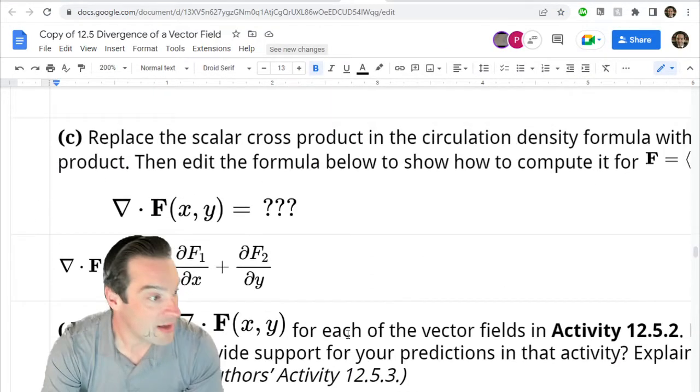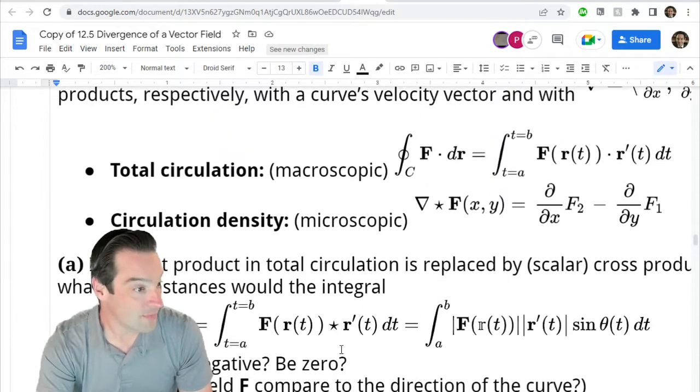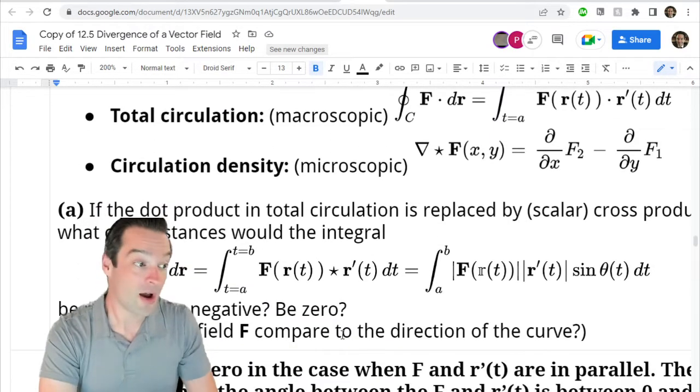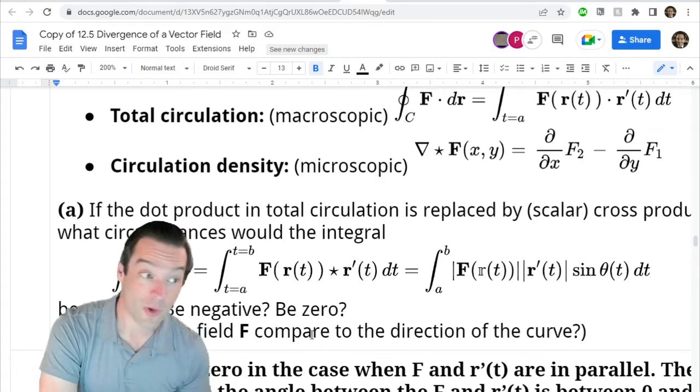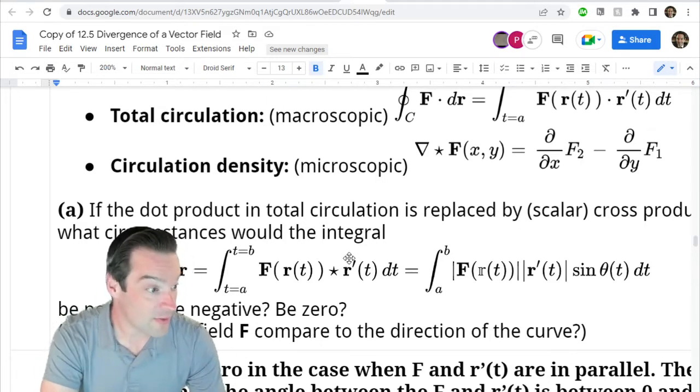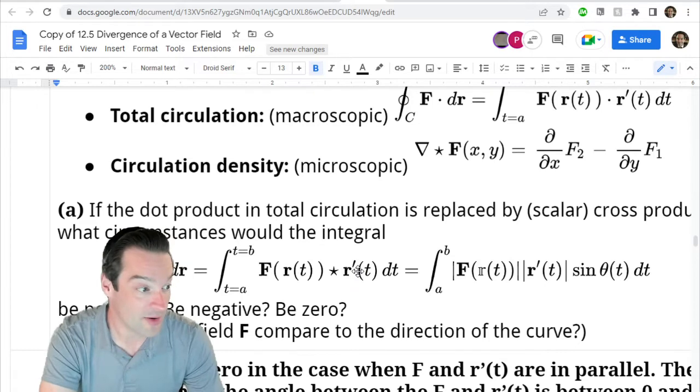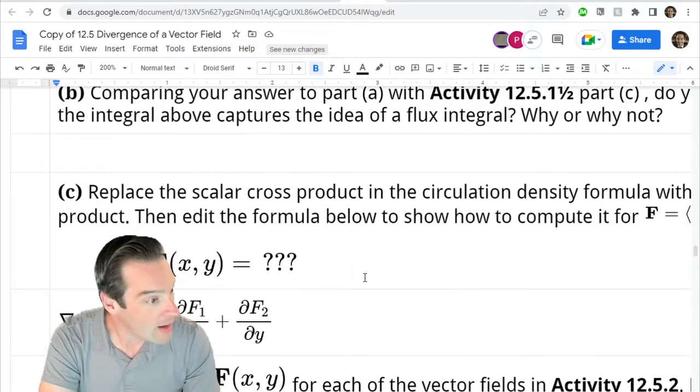So this integral up here walks and talks like a flux integral should. There's one caveat: we wanted to use a unit tangent vector rather than the regular velocity vector. So we have to divide by the magnitude of r prime to actually make it a real honest-to-goodness flux integral that has the right units and everything.